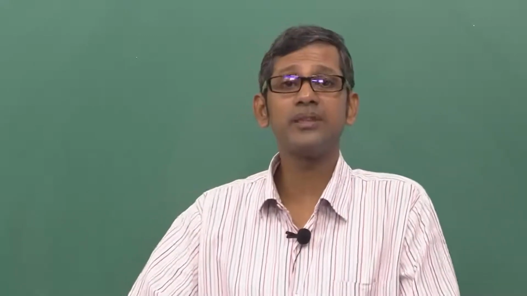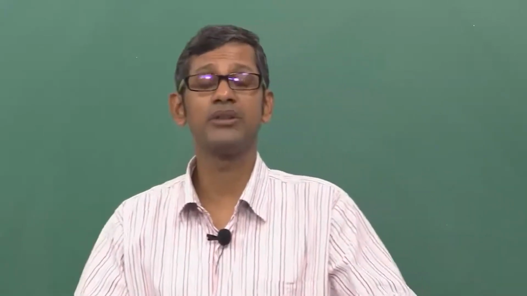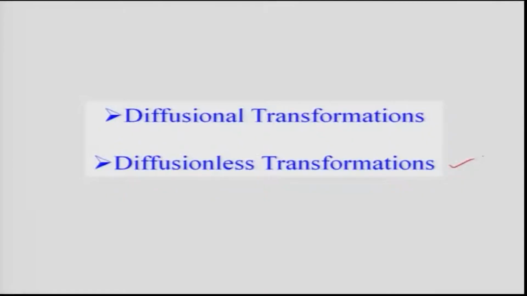But there are transformations which we will discuss in a later part of this course which do not require diffusion of these atomic species. They can happen without diffusion also. They are known as diffusionless transformations, and they actually happen because of the shear forces which are present during transformations, which we will discuss in a detailed manner.